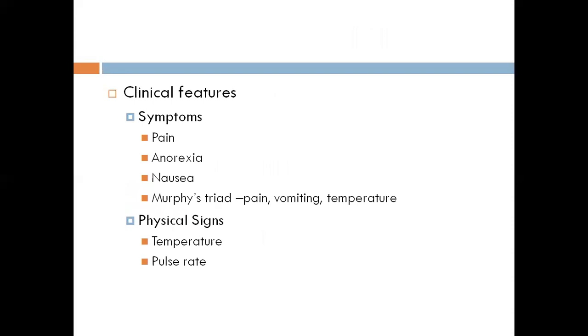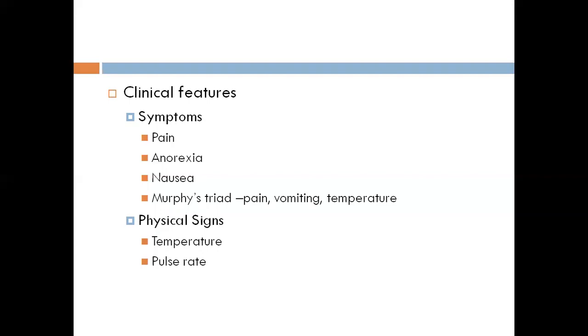Now moving on to pathology, this can be divided into obstructive variety or non-obstructive variety. If obstruction is a major factor, that is the obstructive acute appendicitis. In case of obstruction, there is severity of the inflammatory process.